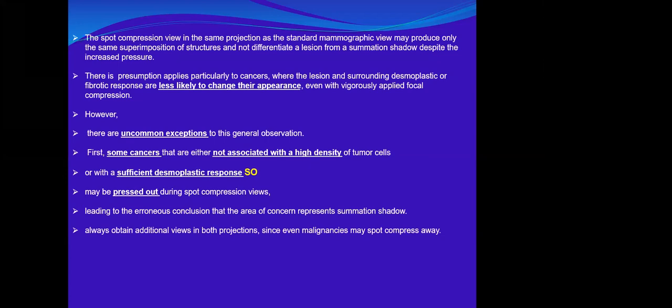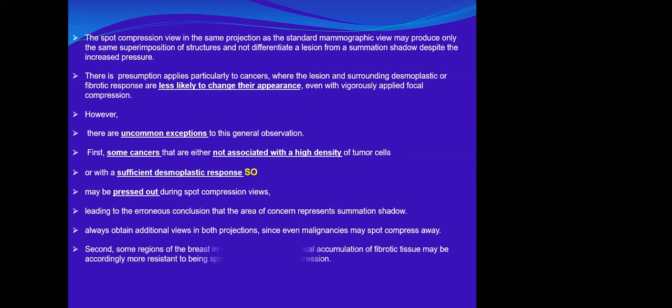If it is not associated with tough fibrotic tissue, it might give some spread away and a false impression that this is not cancerous tissue. Second, some regions of the breast in which there is more focal accumulation of fibrotic tissue may be more resistant to being spread apart by spot compression.